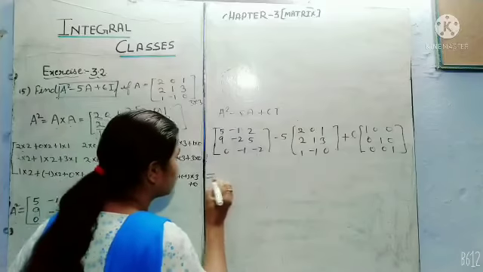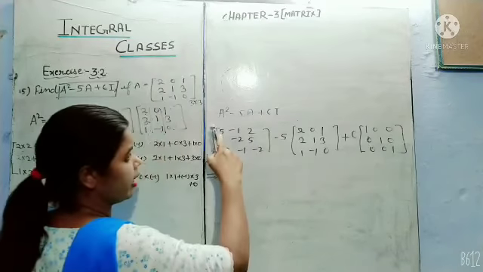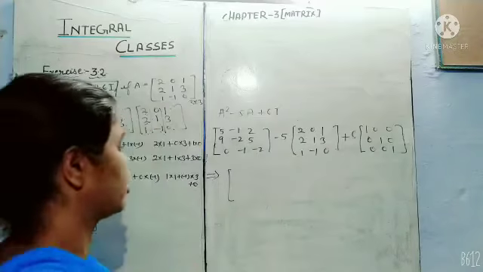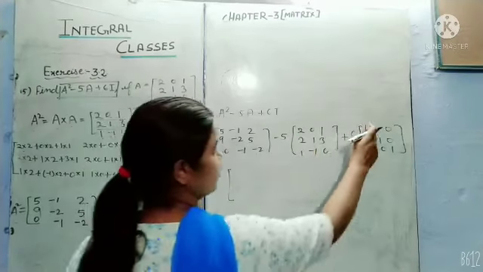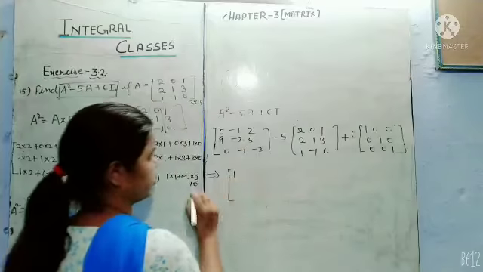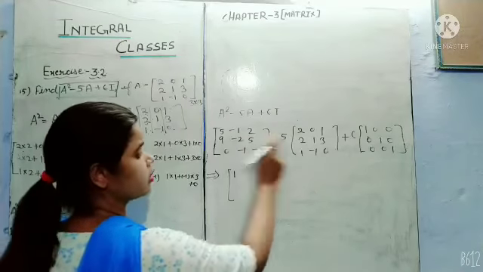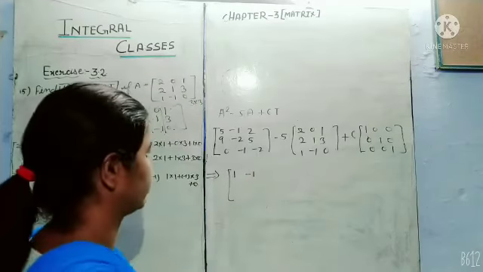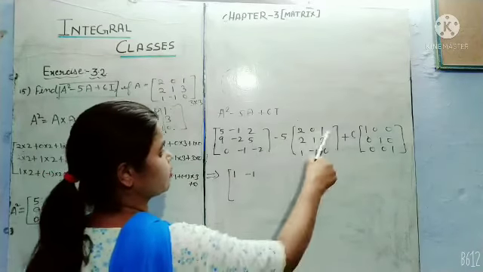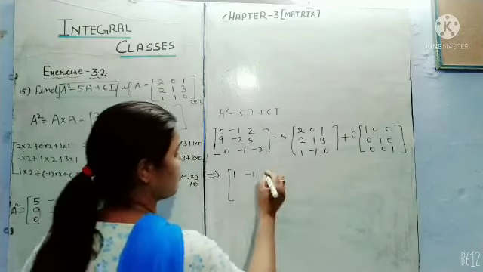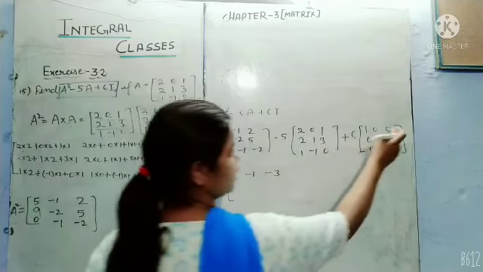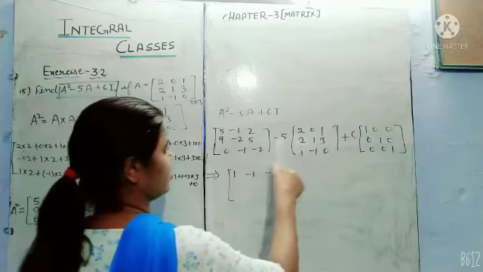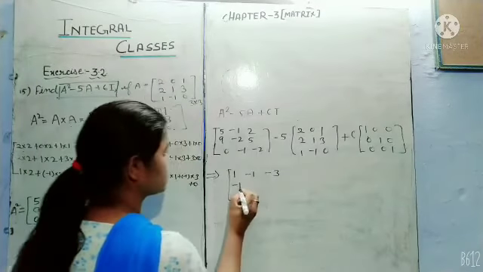Let me explain. 5 minus 10 is minus 5, plus 6, it means 1. Minus 1, 0 and 0, it will be minus 1. 2 minus 5 is minus 3, because it will be 0. 9 minus 10 is minus 1.